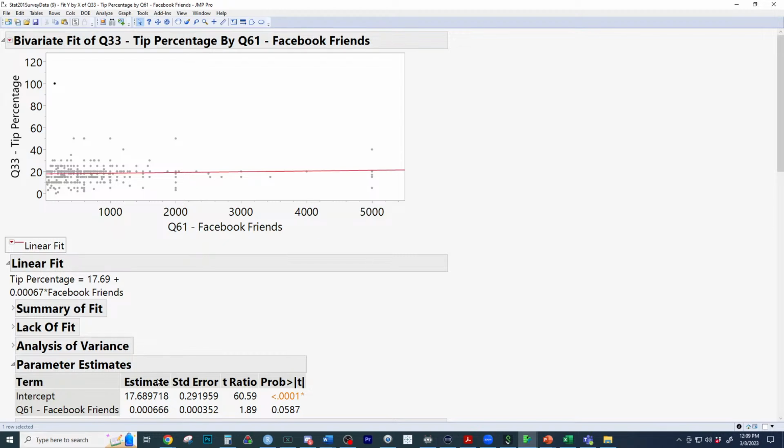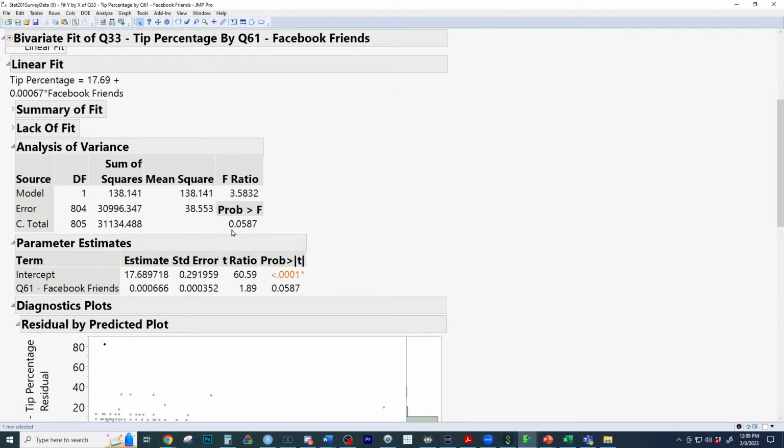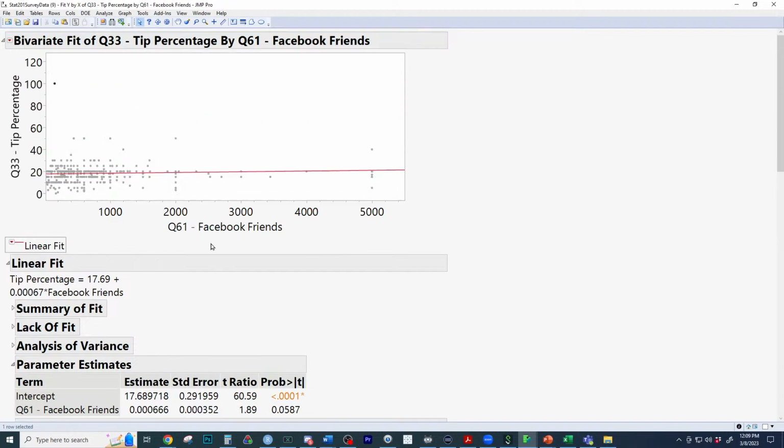The y-intercept is the value of B0. That is the y-intercept right there, the estimate of the intercept. And the p-value of the slope, which is this one right down here, is the significance of the model. It also is the significance in the analysis of variance, which is the significance of the model. So that p-value, which we won't use in tool 1, is actually the significance of the model. So that's just a fun note right there.